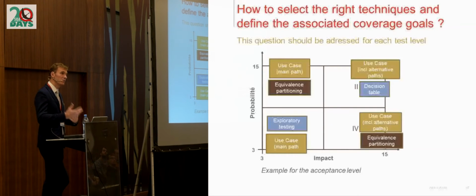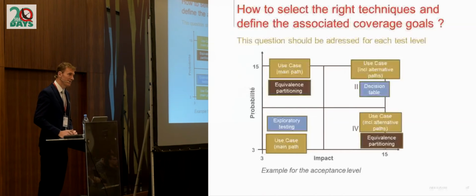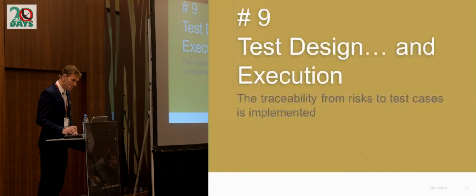So it can really help you to build your test strategy, to focus on specific test levels, to identify the right techniques to be used, and for each technique to decide on the measurement goals of the coverage for the corresponding part of the software. Then, of course, you will have to design the test cases as early as possible in the project, and then to execute the test cases.